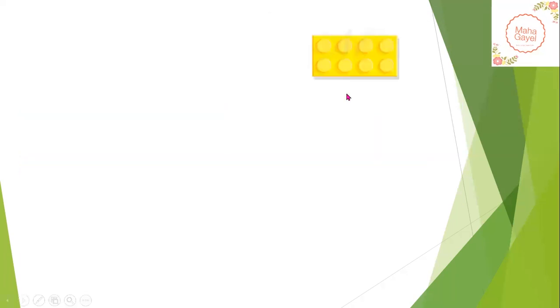Let's first imagine that we have a toy brick. This brick represents something called the root of the word. For example, if I have this word act, it means to perform or to behave.